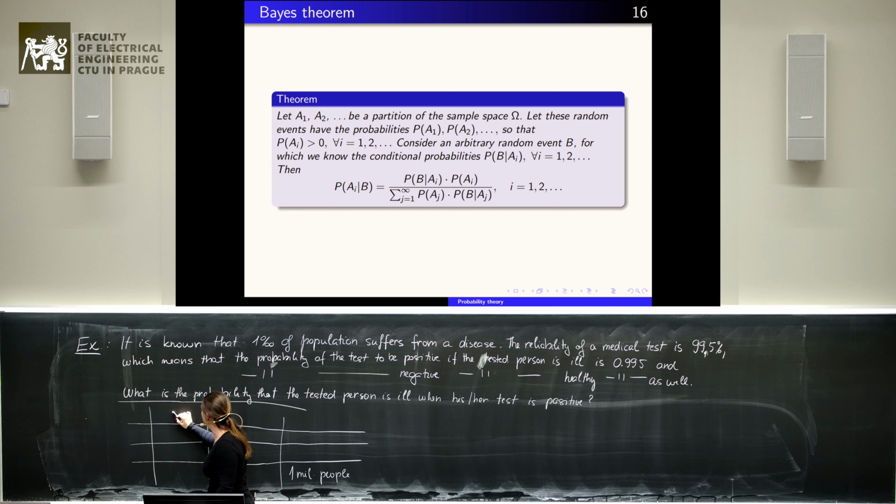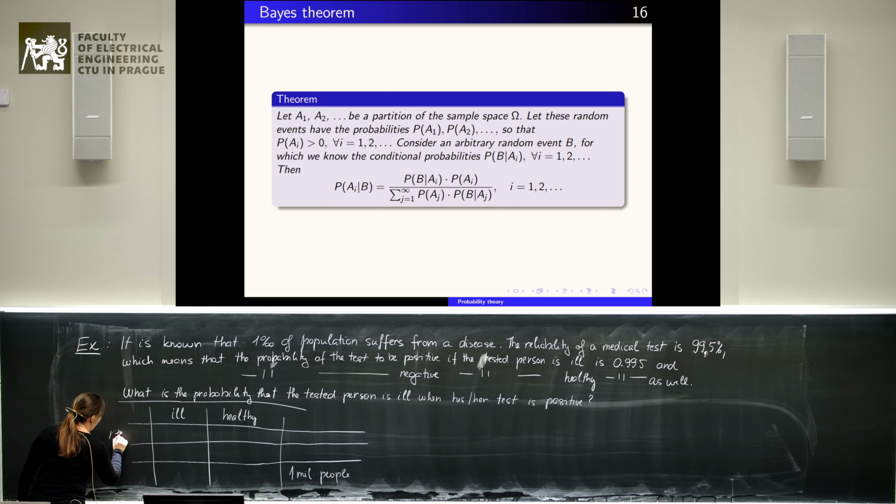The people are either ill or healthy, and their tests are positive or negative. We know that only 1 per mille of the population suffers from the disease. So in this sample, it is quite a small part.